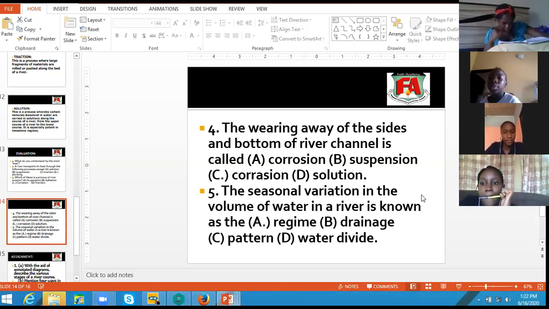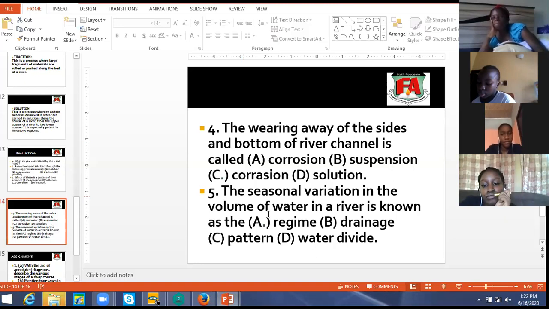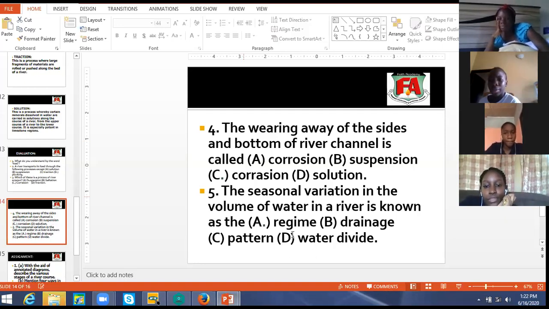Corrosion. Very good. And the last question here is, the seasonal variation in the volume of water in a river is known as regime.